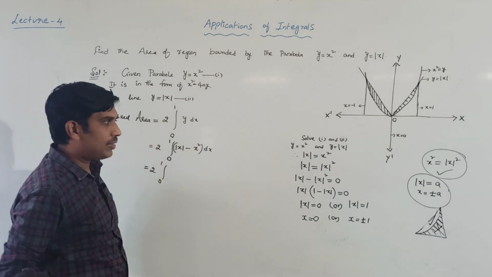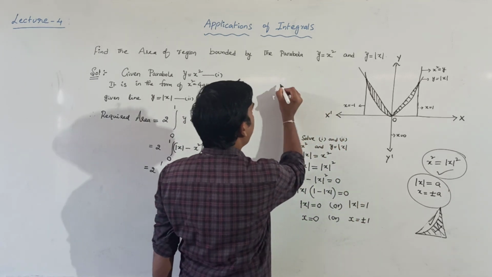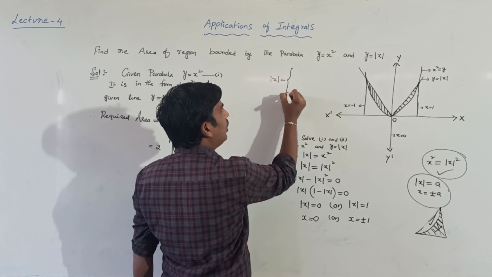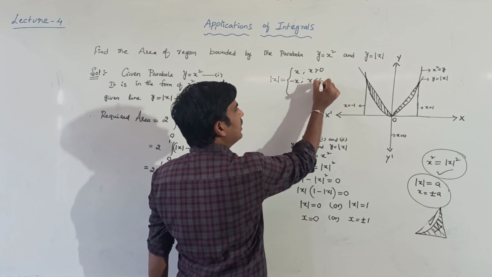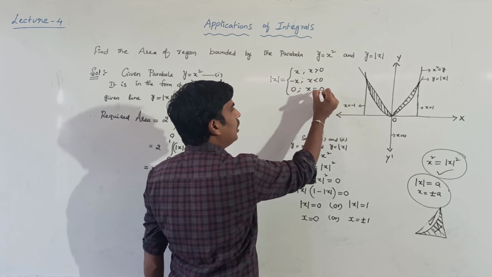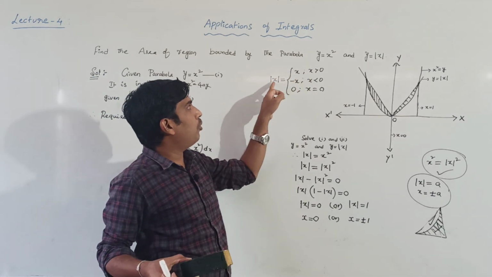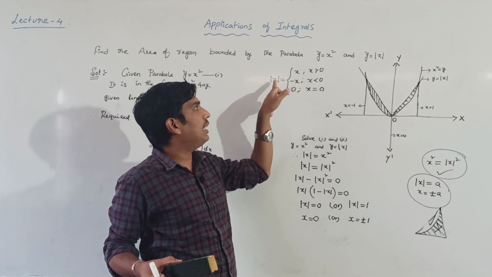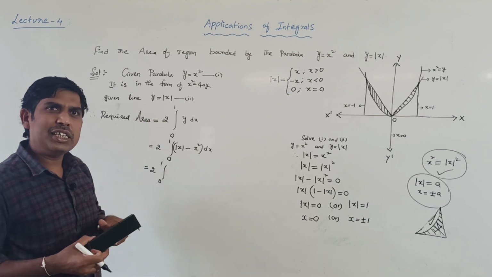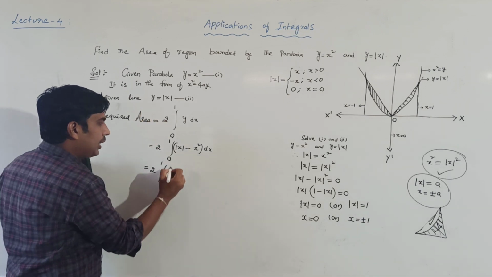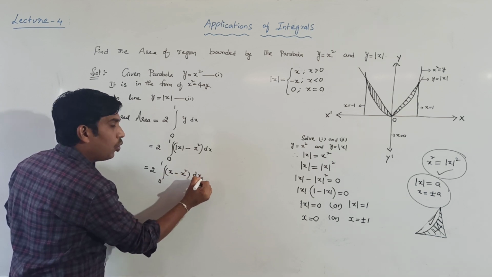In 0 to 1, the mod x value: mod x is equal to x for x greater than 0, minus x for x less than 0, and 0 for x equal to 0. When x is greater than 0, mod x becomes x. When x is less than 0, mod x becomes minus x. So from 0 to 1, x is automatically greater than 0. Therefore mod x is replaced with x, minus x square, whole dx.